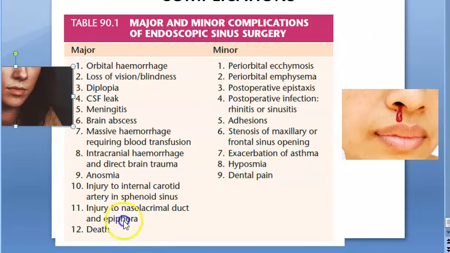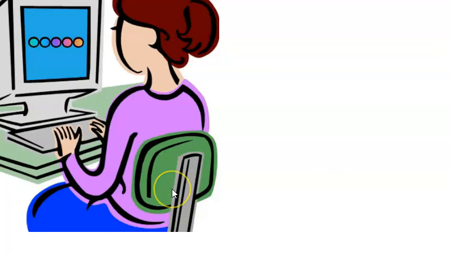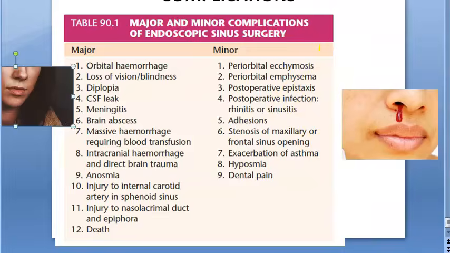That means instead of a complete loss of smell, a small minor loss of smell. And then dental pain. Dental pain means tooth pain. So that's a minor complication of the surgery.